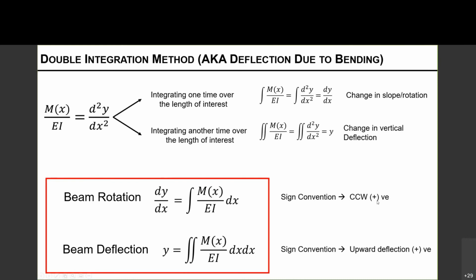Therefore, clockwise rotations are known as negative rotations or negative slopes. As well, for the deflection we have a sign convention: upward deflections are positive, and therefore downward deflections are negative. Okay, so those are the 2 main equations that we will be using to determine different rotations at different locations of the beam and different deflections at different locations of the beam.